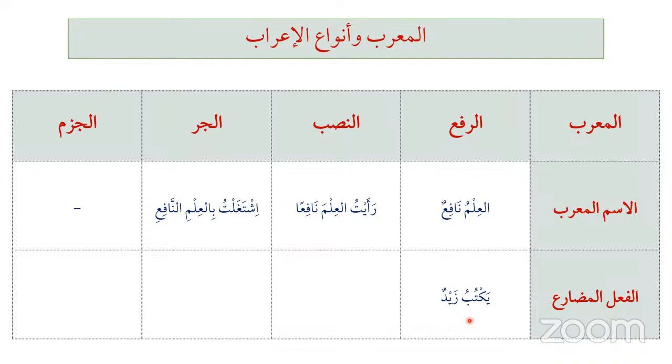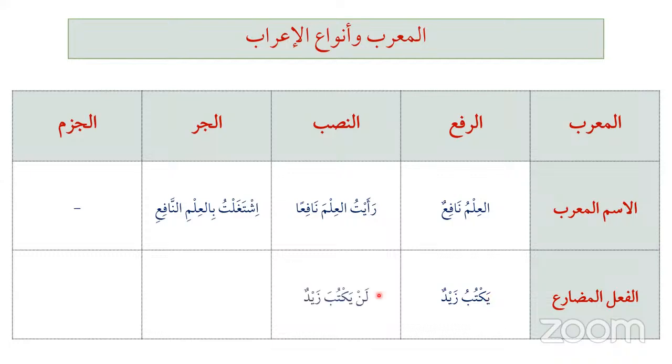If these words don't come before it and it is free from that, then by default it'll be marfu. So we can see yaktubu doesn't come after words like lam amr, liyaktub, or la nahi, la yaktub, or lamma yaktub, or in yaktub. So fi'l mudari here is experiencing the state of raf because it's free from huruf nasiba and huruf jazima, those particles that govern it to be in the state of nasb or jazm.